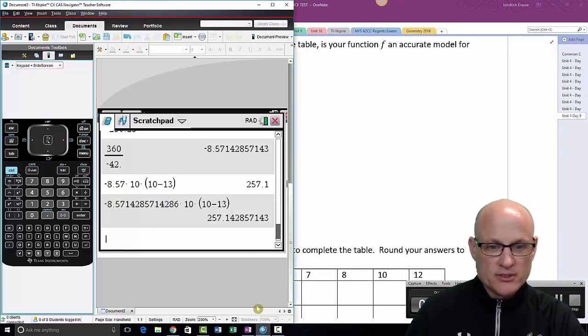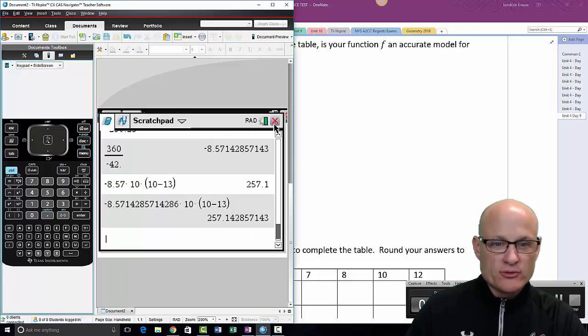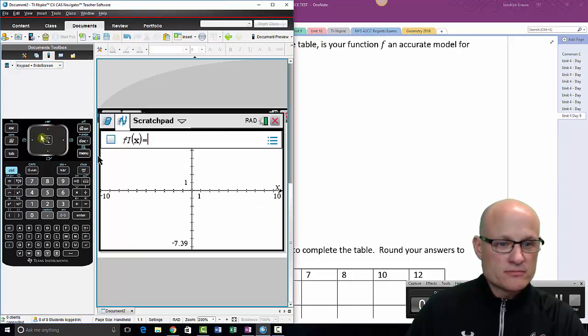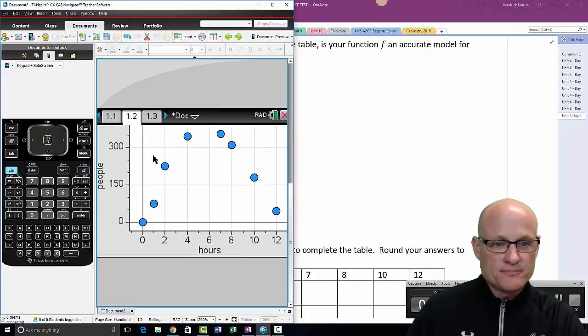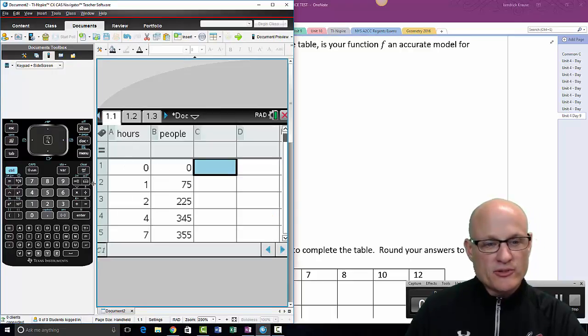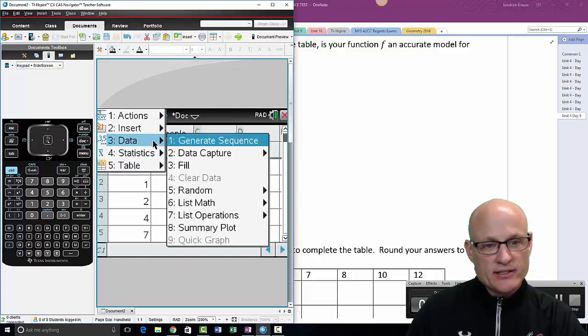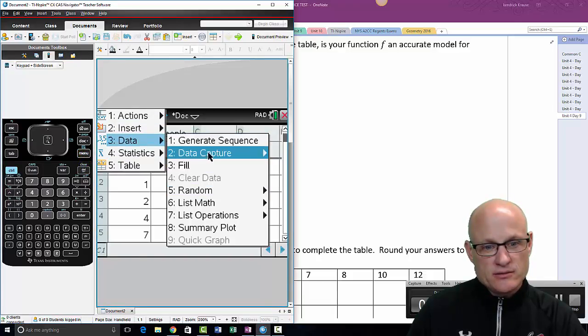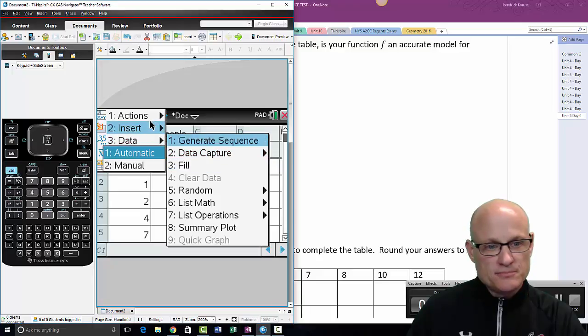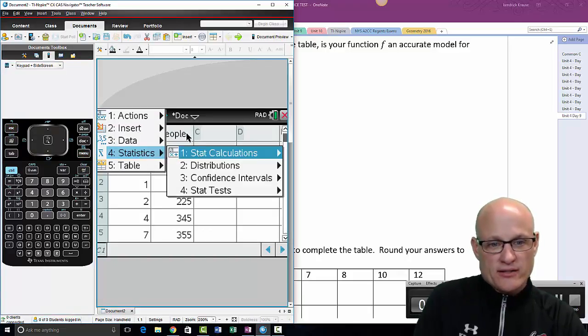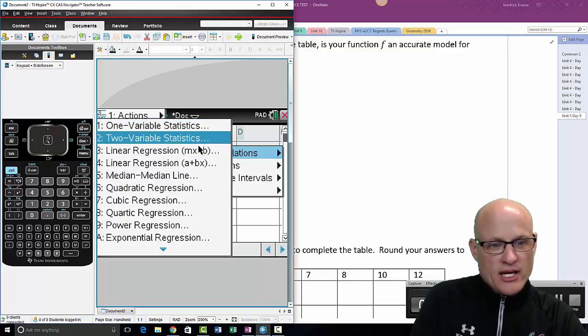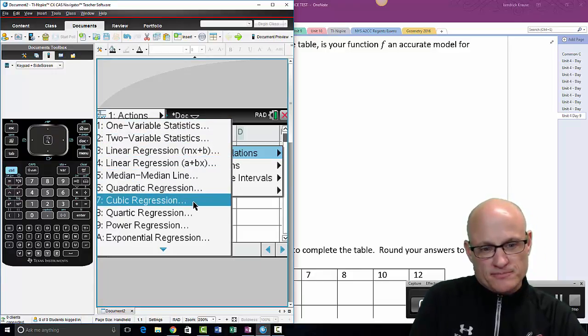So we're going to go over to the calculator, and we're going to go back to our spreadsheet. We're going to go menu, data, menu, statistics, stat calculations, and we're going to do cubic regression.